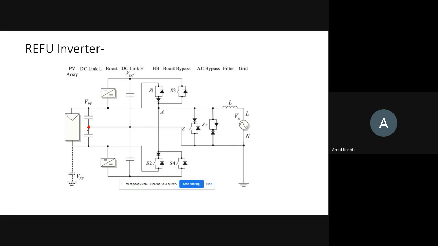If we assume this as C1 and this as C2, then the intermediate point of C1 and C2 is used here as a neutral point. So that comes under neutral point clamping. How that neutral point clamping operates, we will discuss tomorrow.